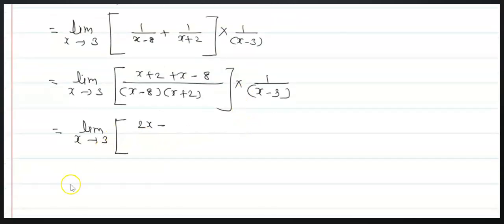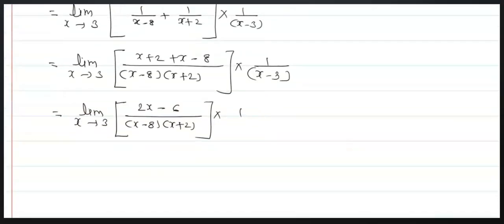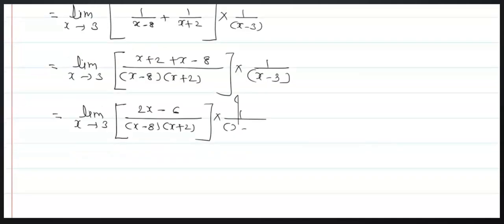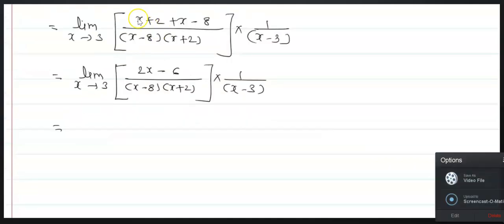Now simplification, limit x tends to 3, 2x minus 6 upon x minus 8 into x plus 2 into 1 upon x minus 3. Now x plus x is 2x, plus 2 minus 8 is minus 6.